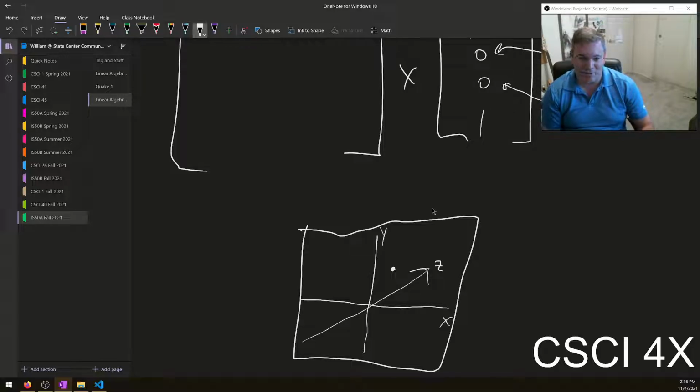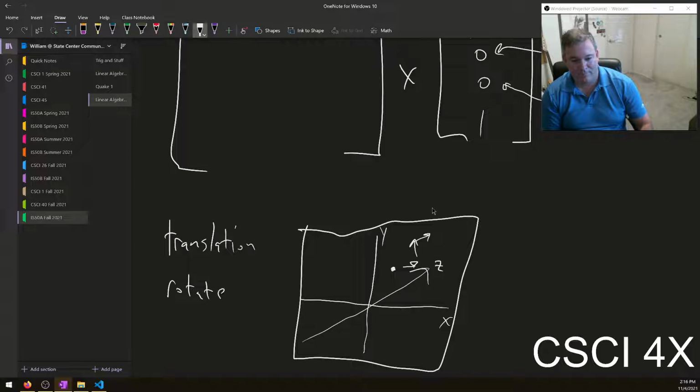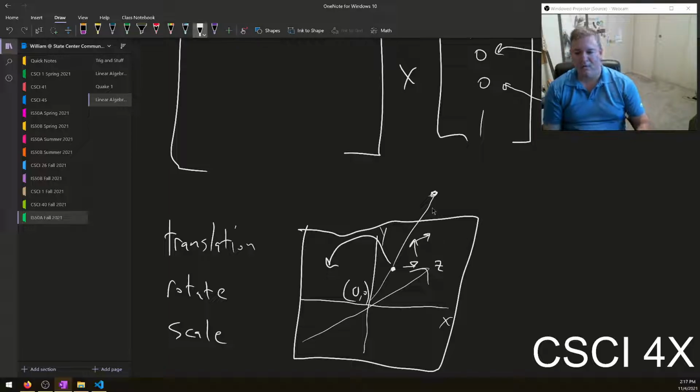And these are the same operations you do in Unreal Engine. You can translate it, which means you can move it this way, or move it this way, or move it into the screen. You can translate it, you can rotate it, and you can scale it. So rotation means it rotates around whatever you have set as the origin. And scaling it means doubling its distance or whatever from the origin.